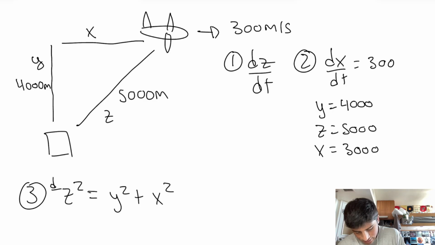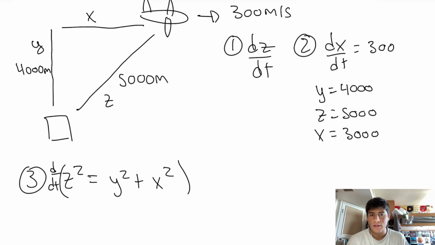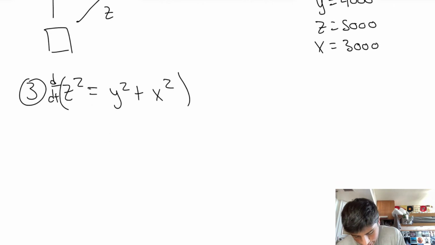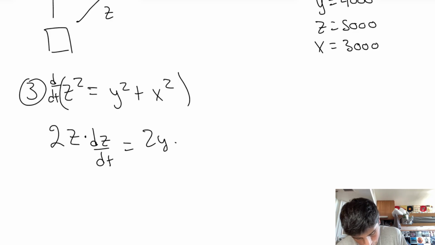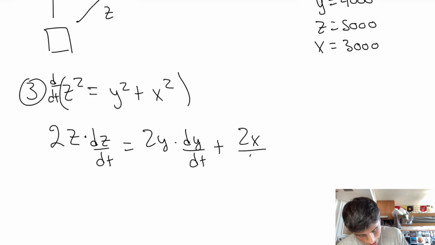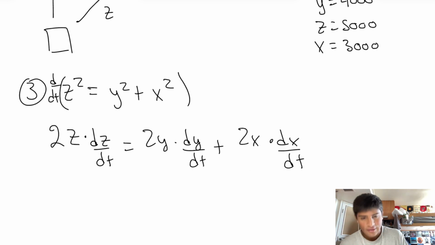We're going to differentiate this in terms of time, once again, because we're over seconds. We get 2z dz over dt equals 2y dy over dt plus 2x dx over dt.